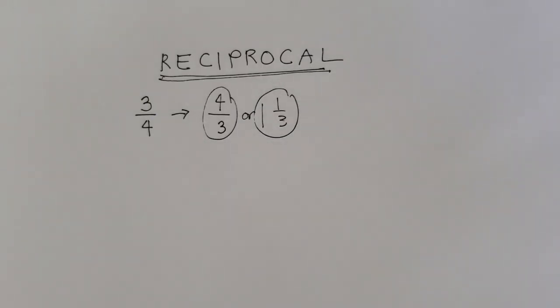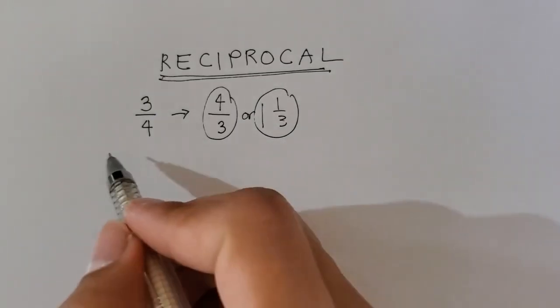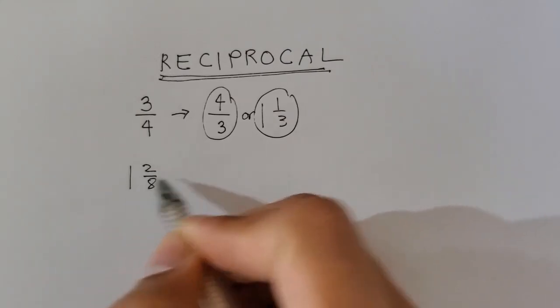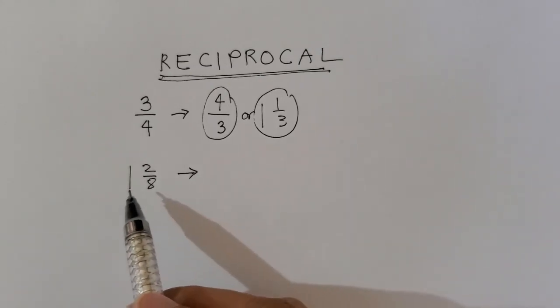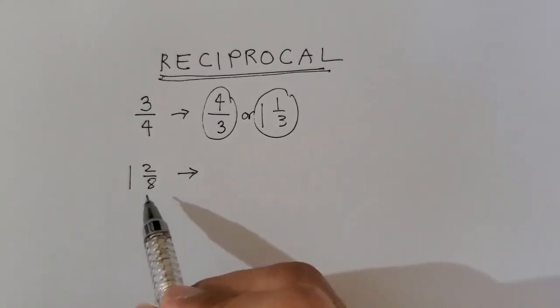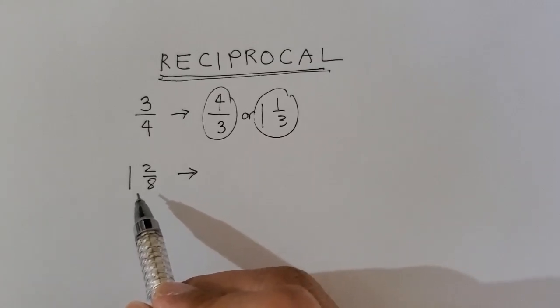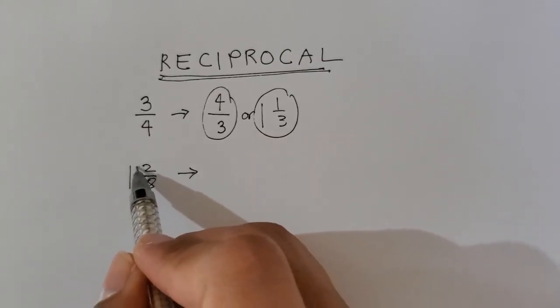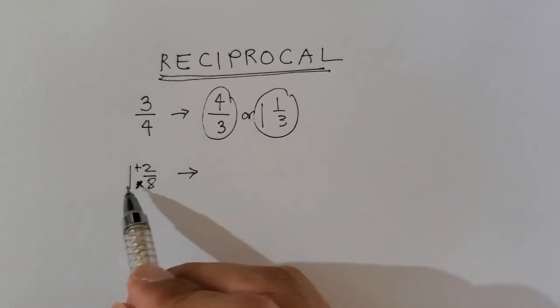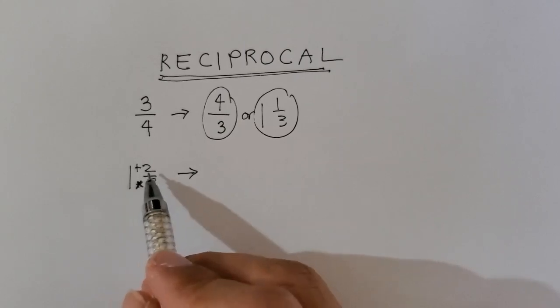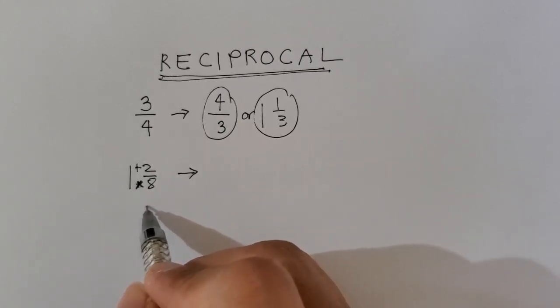Now, what's the reciprocal of 1 and 2/8? Of course, you will just make the denominator the numerator and the numerator the denominator. However, in this case, we still have the whole number 1, so we first have to change our mixed form into an improper fraction. You multiply and you add. 8 times 1 is equal to 8, plus 2, that is equal to 10.